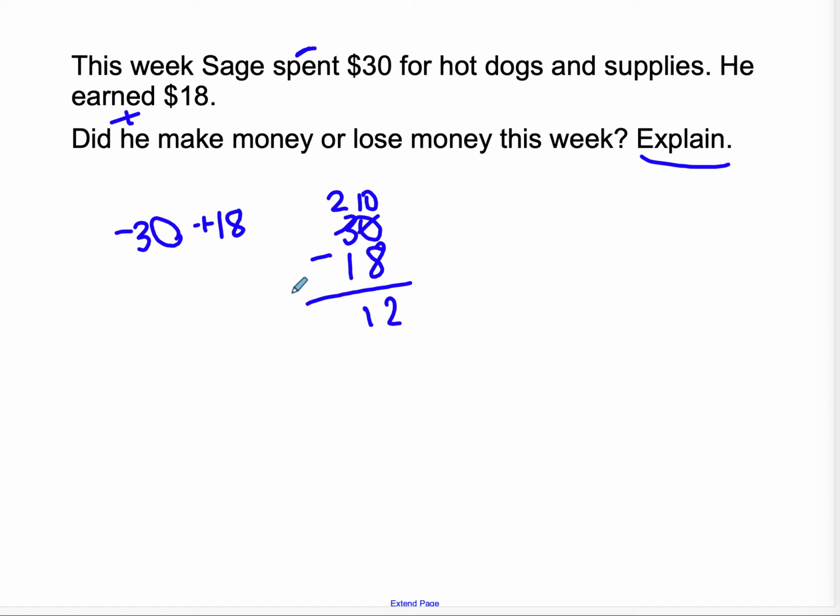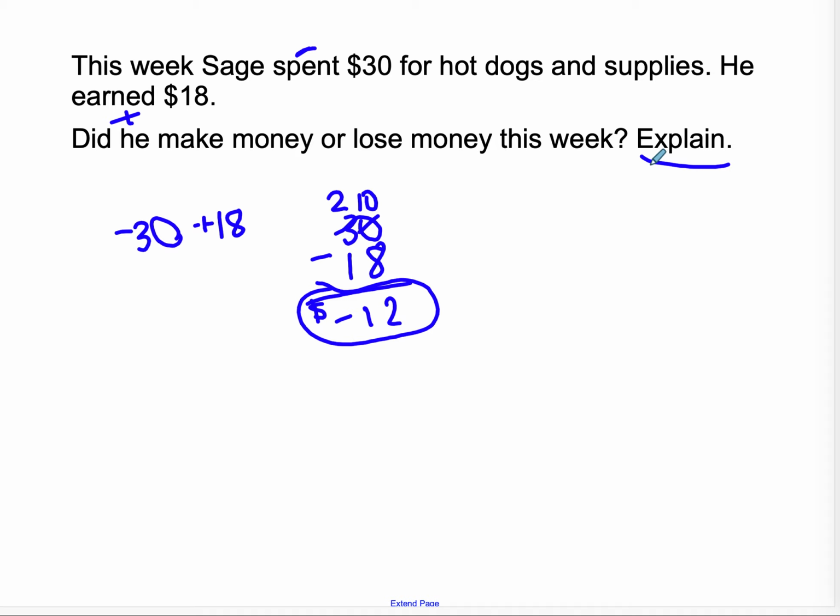Okay, so I have 12. I need to go back to my original problem to decide if it's positive or negative. I had 30 negatives and I had 18 positives. So I'm going to have a negative 12 as an answer. And I need that label of dollar signs. You can put the dollar sign before the negative, which is how I have it here, or you can put the negative and then the dollar sign, either way.